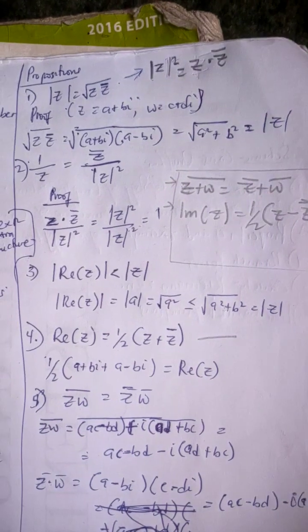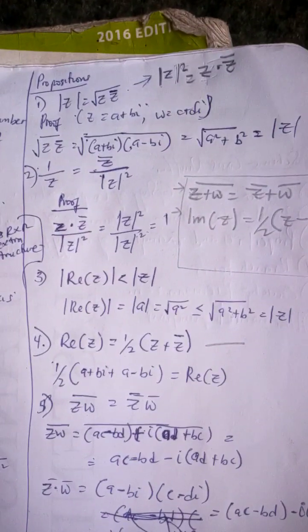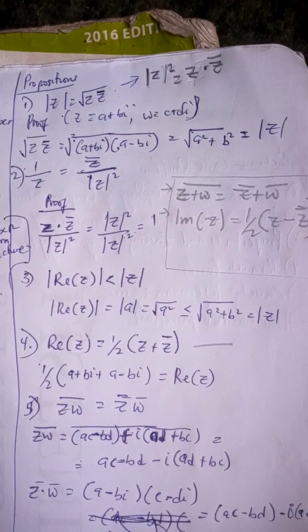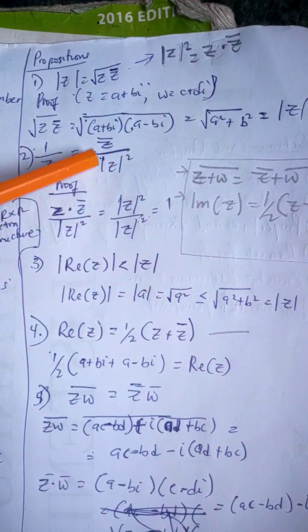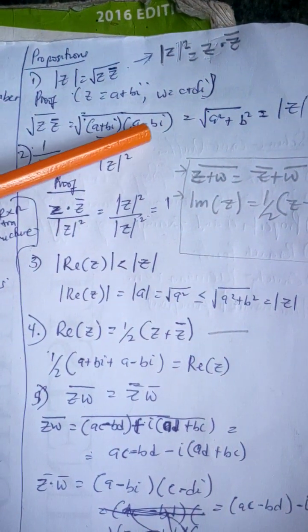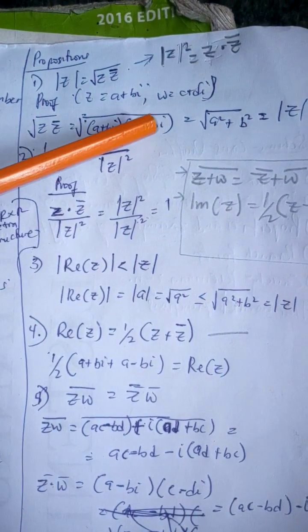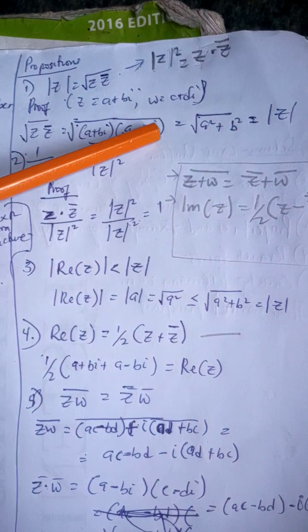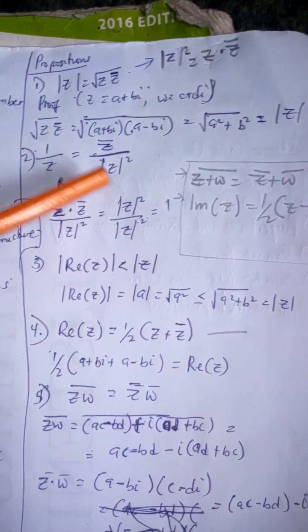So knowing that already, it will be equal to the square root of a square plus b square. Why? Because when we expand this, a times a will give us a square. When I use this to multiply this, and use this to multiply this, you know that they will cancel each other. Do you get it now?